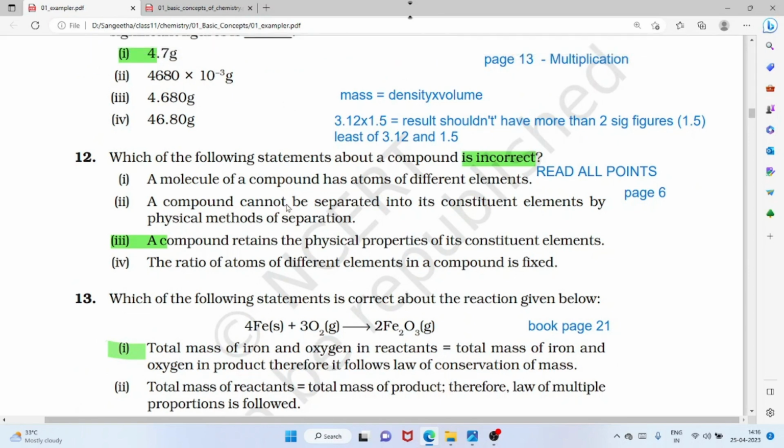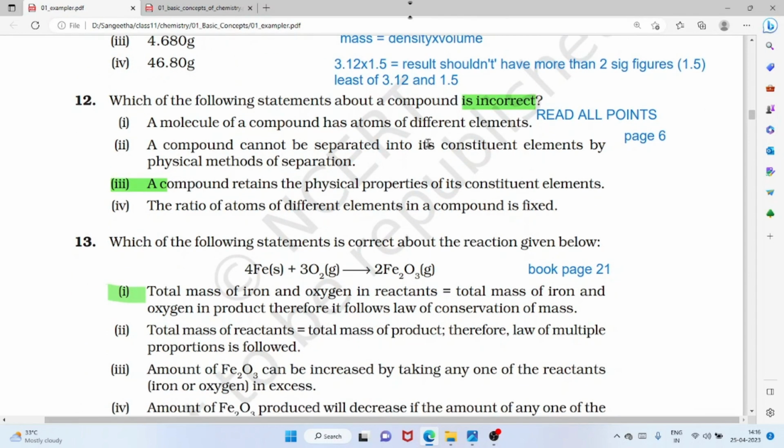Which of the following statements about compounds is incorrect, they are asking. There are correct statements also, so you read all the points. A molecule of a compound has atoms of different elements. Okay, this is correct. A compound cannot be separated into constituent atoms by physical methods.